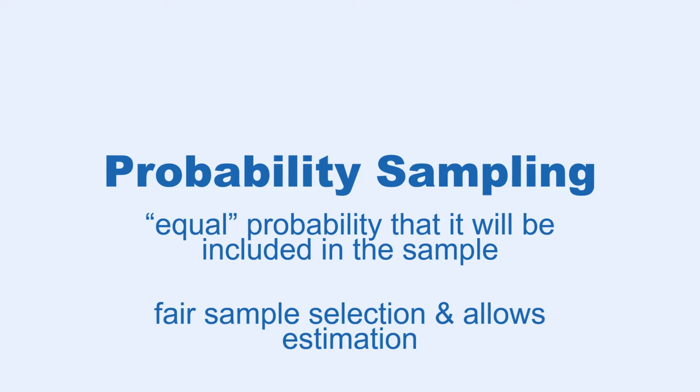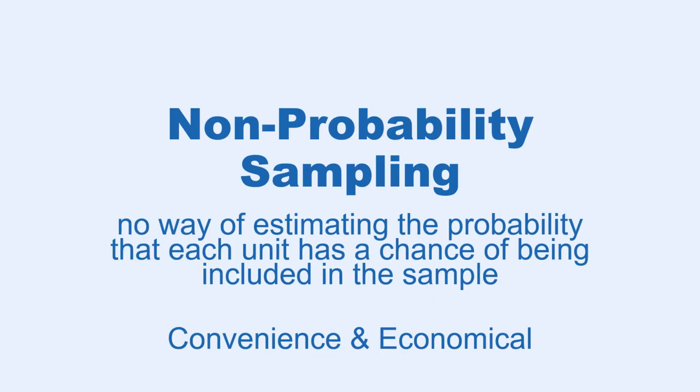The keyword there is equal. Everybody among us would have equal chances to be included as part of the study sample. There is fair sample selection and that could allow for estimation. Next, non-probability. There is no way to estimate the probability that each unit has a chance of being included.